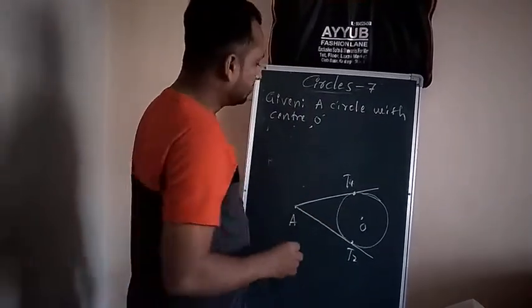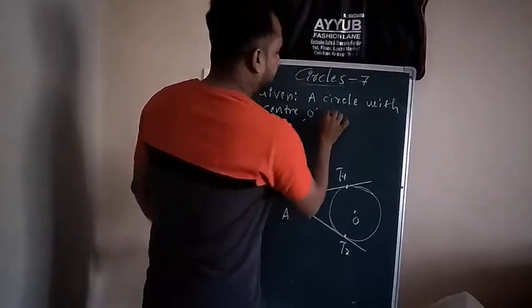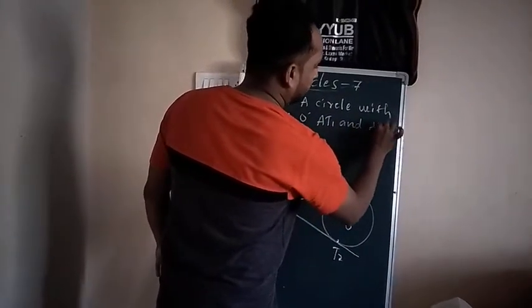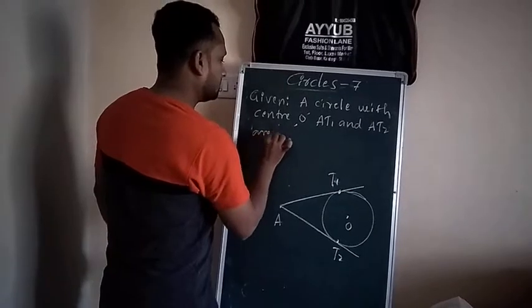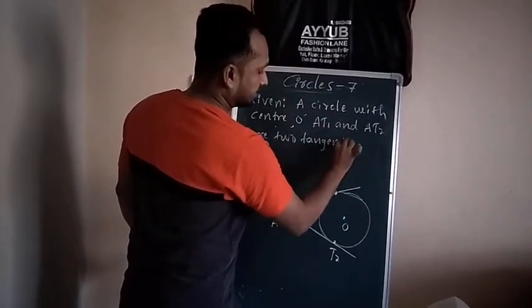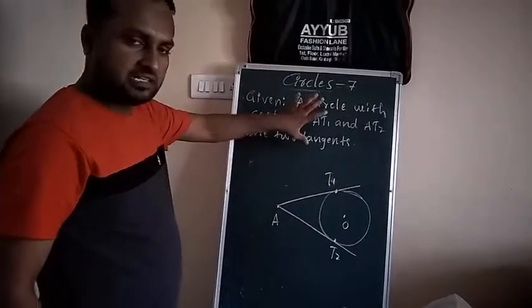Center is O. Then again what is given? AT1 and AT2 are two tangents. Clear? These are the given points.